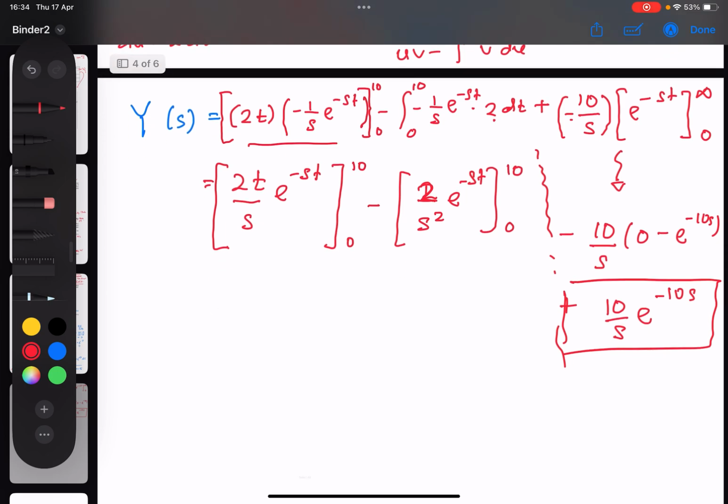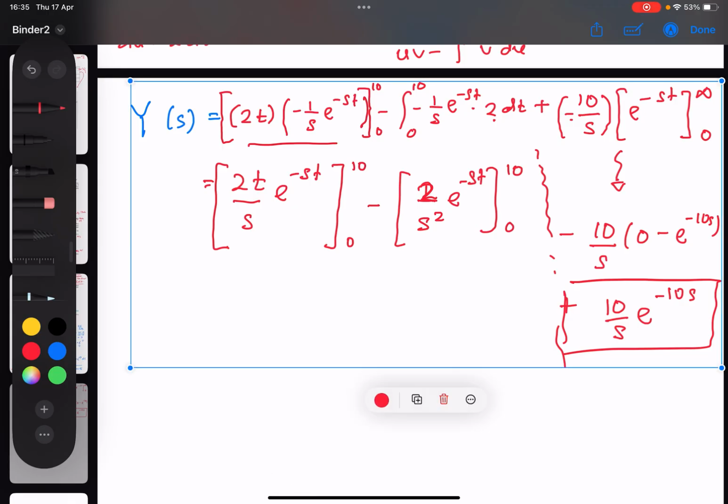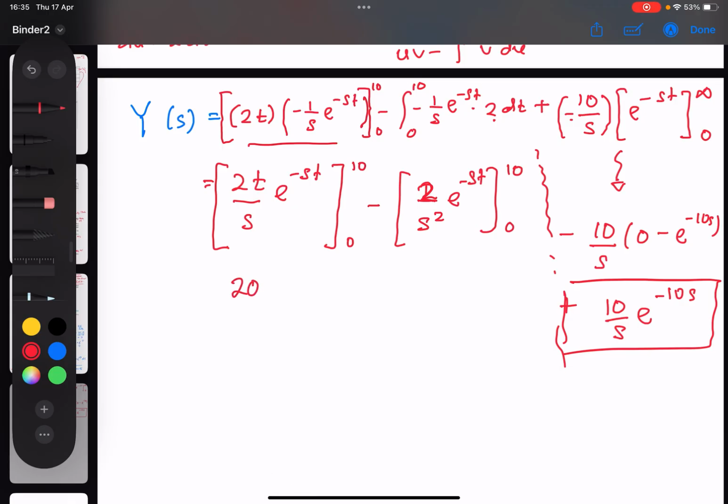So now I'm going to solve for this one. So 2 multiplied by 10 is going to be 20 divided by s, and then e to power of negative 10s minus 0.